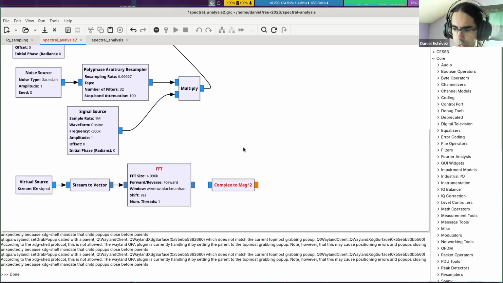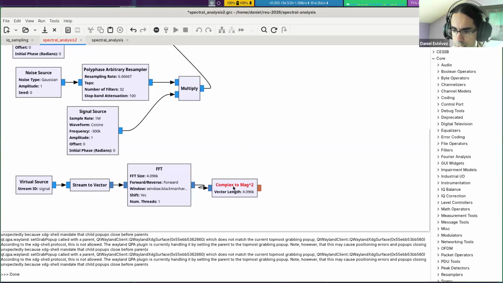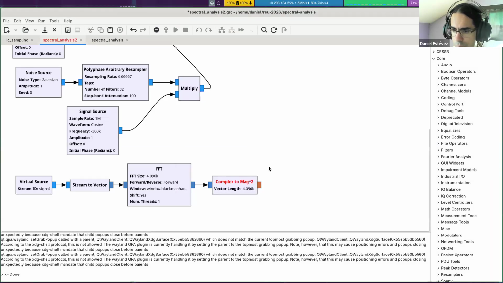It is the modulus squared of the complex number, and that is the power of the complex number. So I can set this to a vector length of 4096. Many blocks in GNU Radio support vectors, but you need to set the vector length manually. So by doing this, I'm computing the FFT, then I'm converting to power, which is a vector of real numbers.